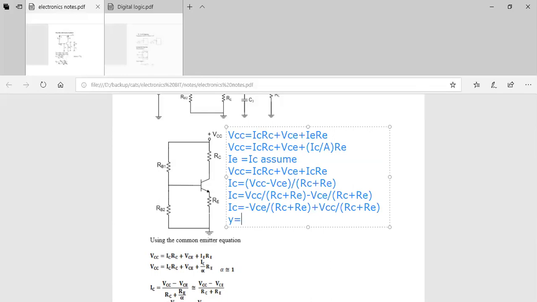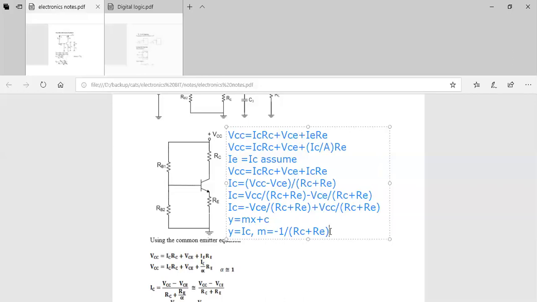The equation of a straight line is usually y = mx + c. What's y? y is equal to IC. And m is equal to negative 1 divided by RC.